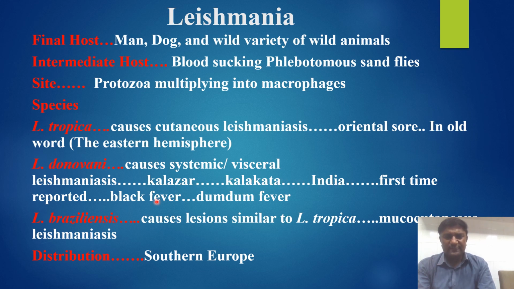Other names are black fever or dum-dum fever. Leishmania brasiliensis causes lesions similar to Leishmania tropica, also called mucocutaneous leishmaniasis, and its distribution is southern Europe.